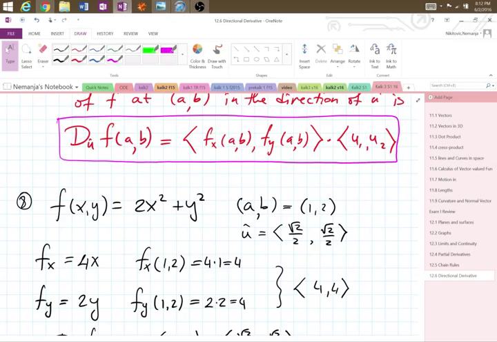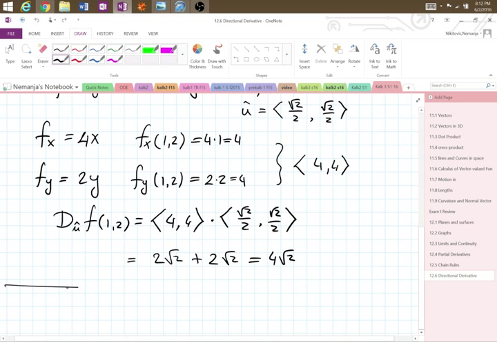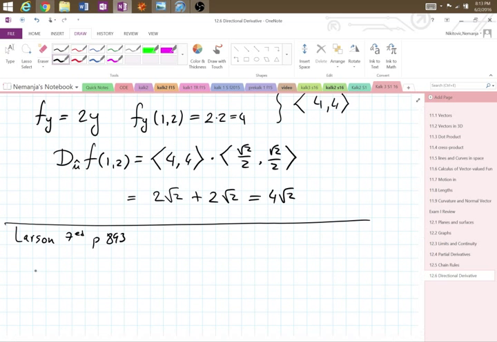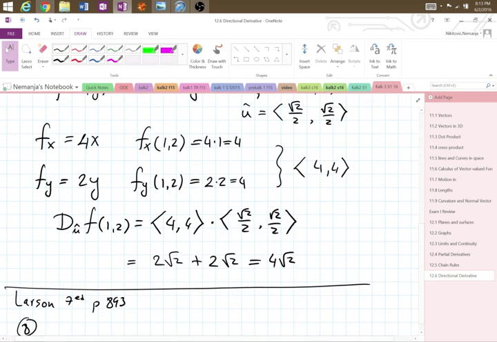So here's the wonderful example from our friend Larson that involves e to the x and then sine, but now let's not go that crazy, just one more example so you can practice this. Larson's 7th edition, page 893, problem number 8. Let's compare them.